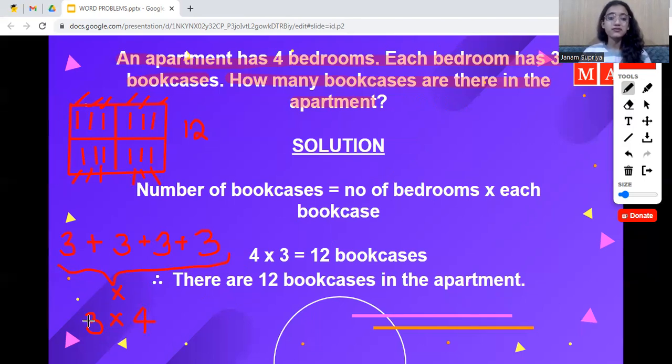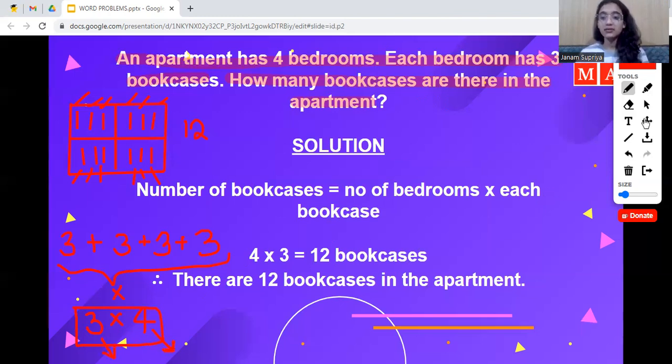So 3 into 4: 3 books per bedroom into 4 bedrooms, which is the total number of bedrooms.